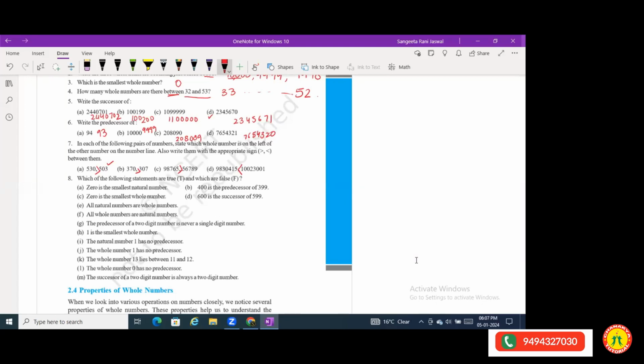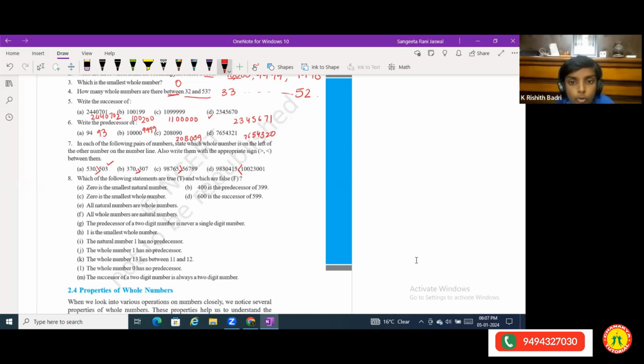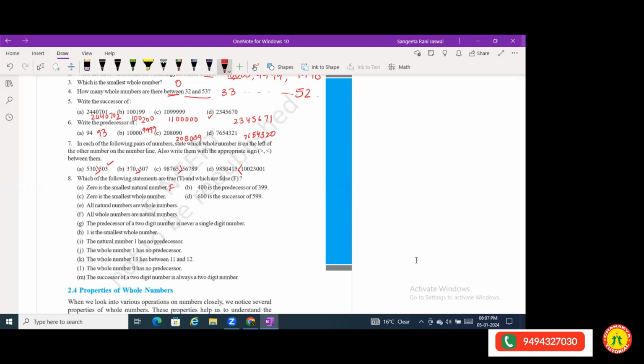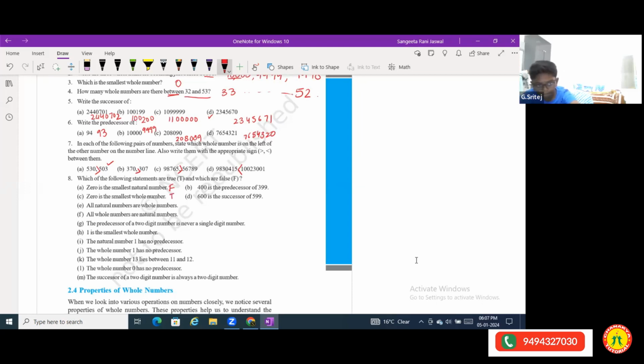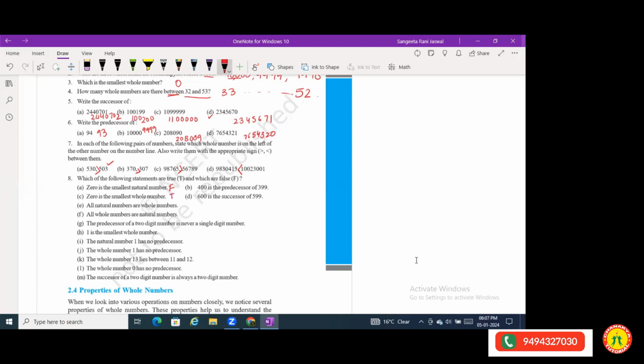Which of the following statements are true or false? 0 is the smallest natural number. Is it? False. 0 is a whole number. 0 is the smallest whole number. True. Okay, one by one. All natural numbers are whole numbers. Adrit, tell me.